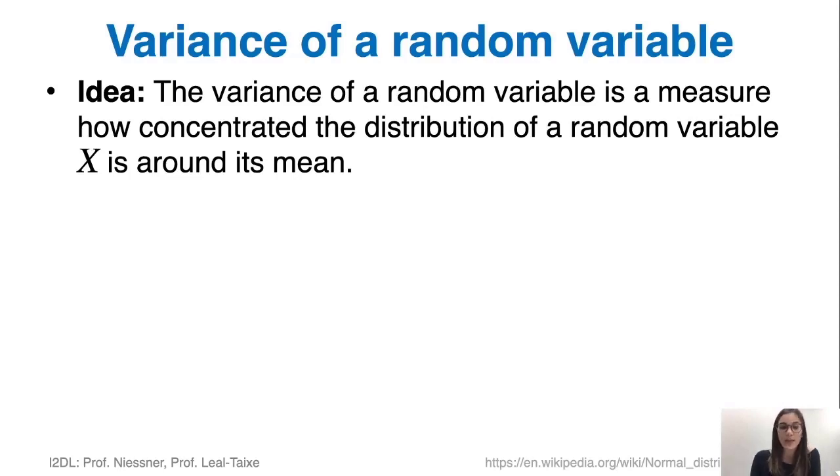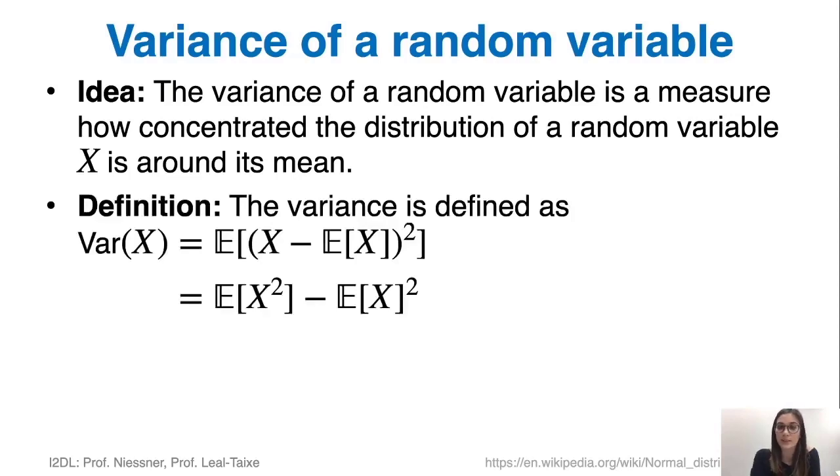The definition of the variance of a random variable is given by this term. You just need to compute the expectation of x squared, and you need to know the expectation of x, and you need to take this to the power of 2. Then you combine it and subtract it, and you get the variance of x.